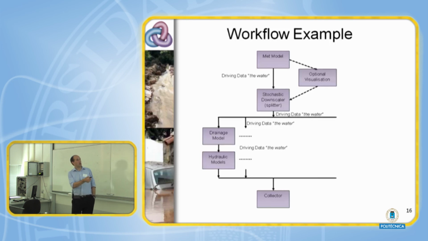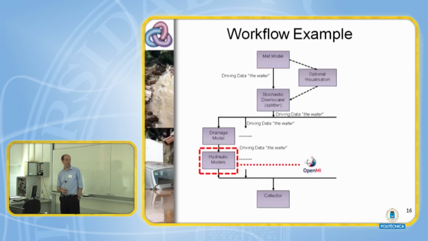Now, what we can do at this stage, if we want to, is produce an ensemble of many copies of this and run that as part of the workflow, and then collect the results together at the end. Just for the record, in the DRIHM case, that's a little OpenMI composition within there, but you can consider the whole OpenMI composition as one component, which takes in WaterML2 and produces something that you can display on GIS.